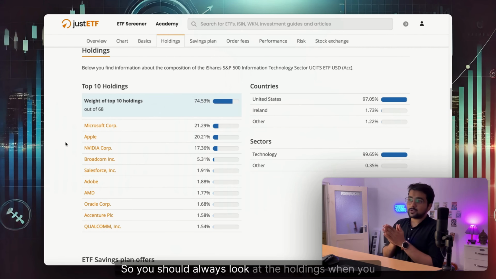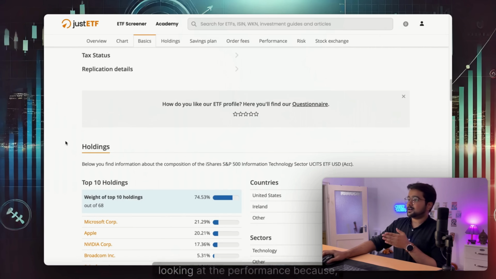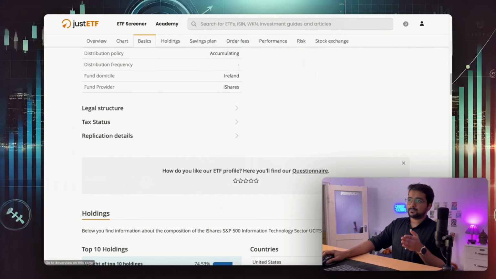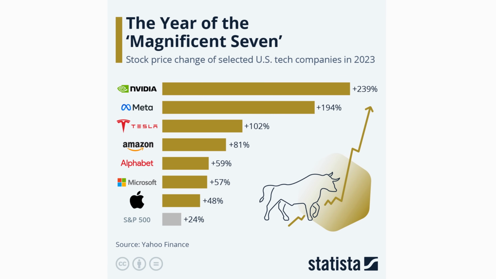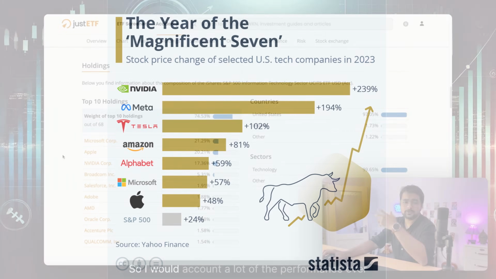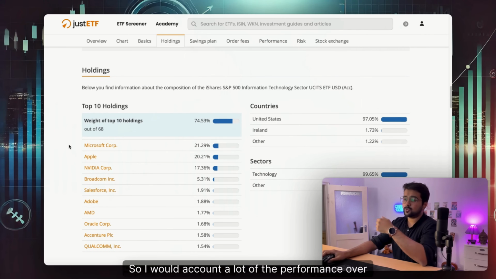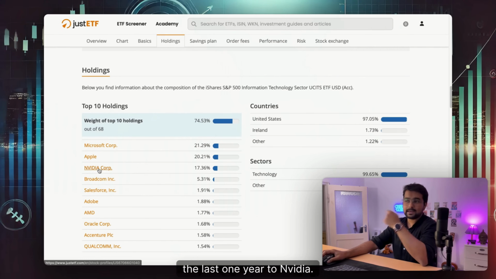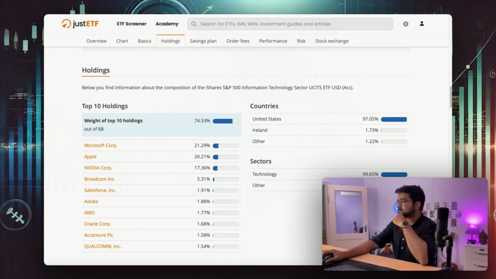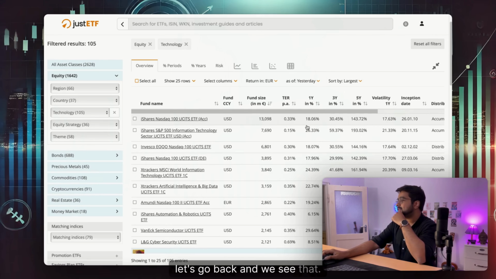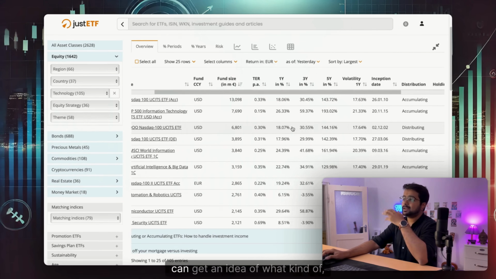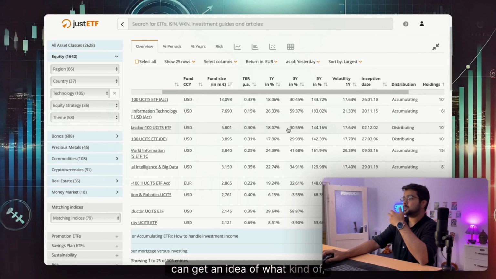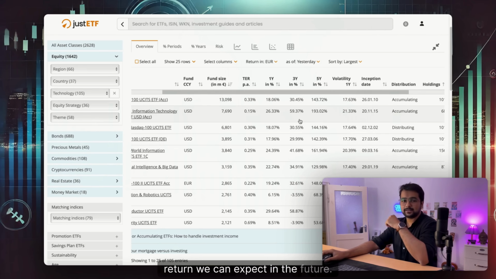So you should always look at the holdings when you are looking at the performance, because as you know, Nvidia has gone up massively over the last year. So I would attribute a lot of the performance over the last 1 year to Nvidia. So let's go back, and we see that we can compare the different results, and we can get an idea of what kind of return we can expect in the future.